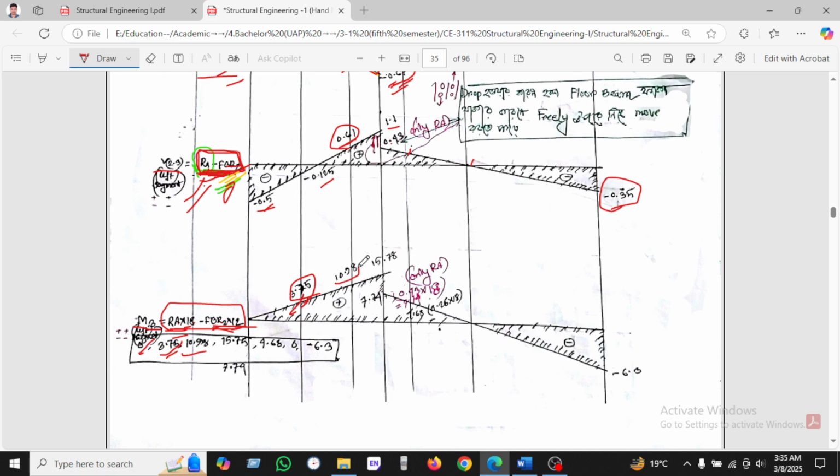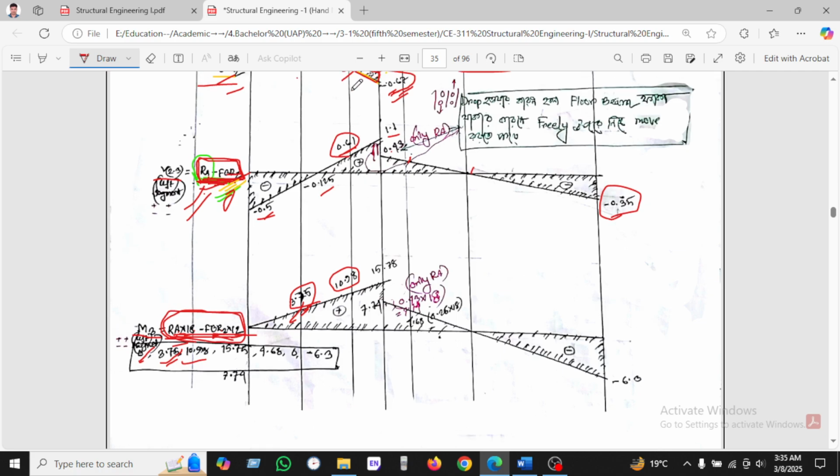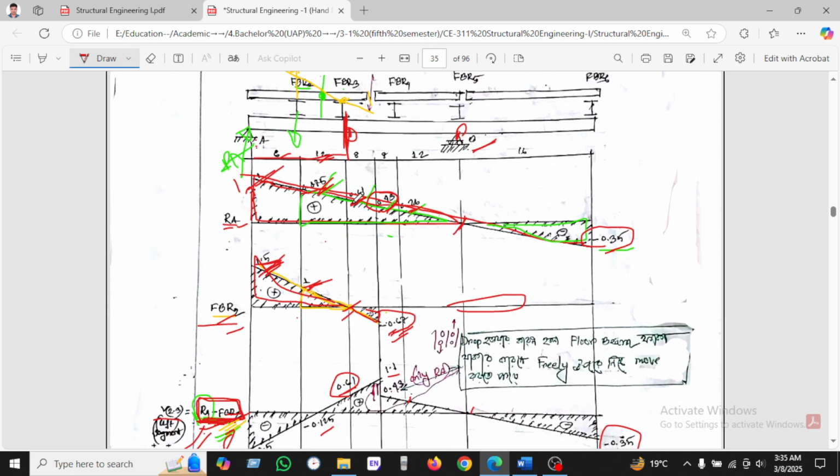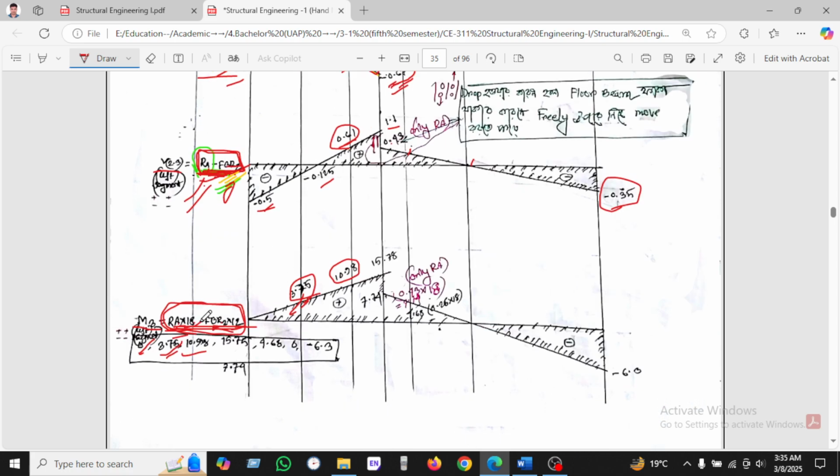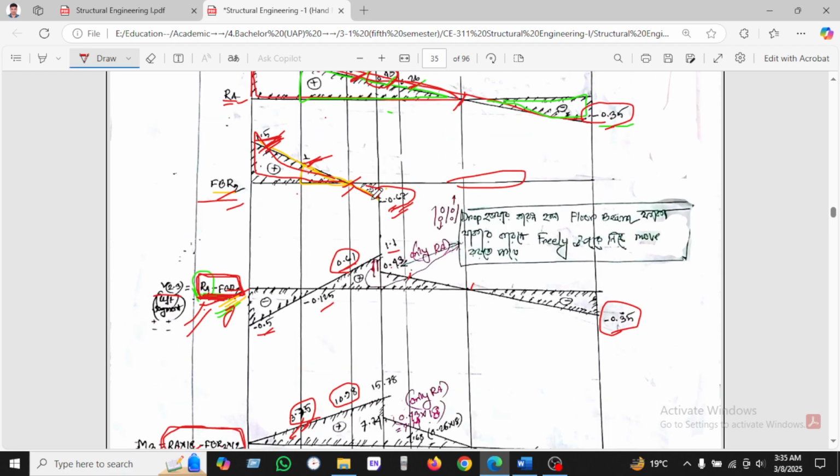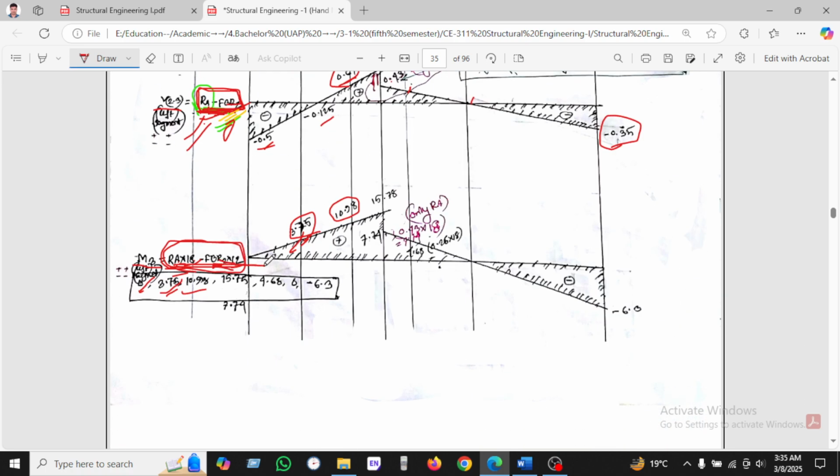I will calculate this below, this equation. We just use this equation, putting the value of RA at this point. How much will it be? 0.61 into 18 minus floor beam 2, where the floor beam 2 at this point has been found minus 0.67, into 12, then it will be found 15.75.